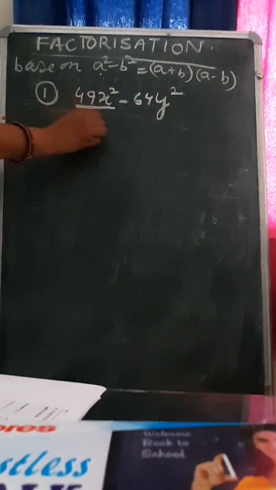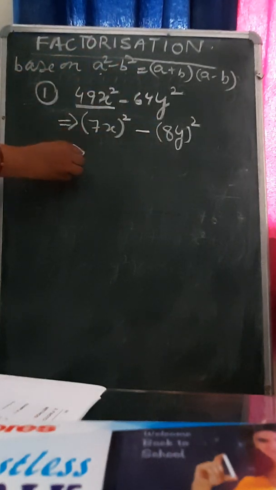Now we will discuss some factorization based on the formula a square minus b square is equal to a plus b and a minus b. See children, like I have to factorize 49x square minus 64y square. As you can see, this 49x square is the square of 7x, so I can write it as 7x complete square.